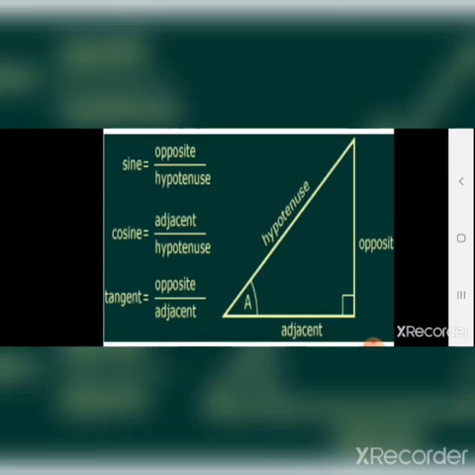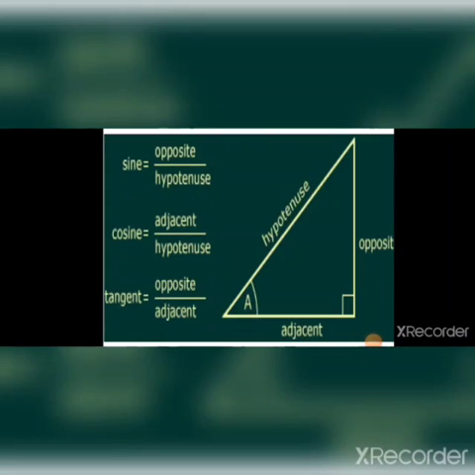What do they mean? First, let us see the sine ratio. Sine ratio is defined as opposite side upon hypotenuse. Cosine means adjacent side upon hypotenuse. And tangent ratio means opposite side upon adjacent side.